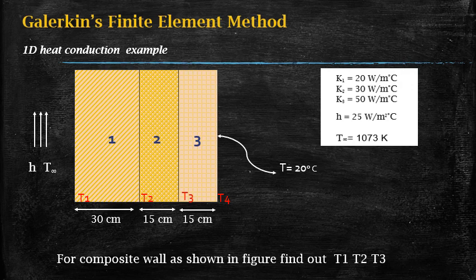One end of this composite slab is at a constant temperature of 20 degrees Celsius, and at another end there is a phenomenon of heat transfer by convection. As you can see here, our job is to find out the nodal values of temperature T1, T2 and T3, because T4 is already given.